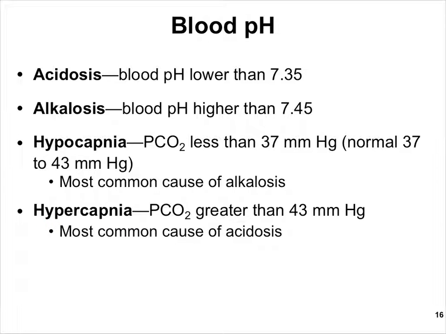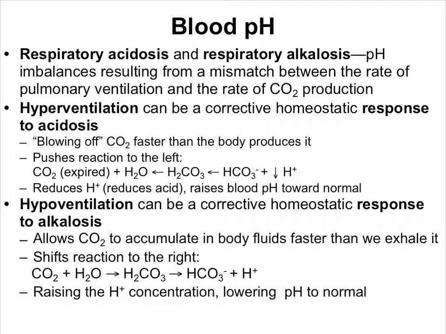Now, what could cause there to be too much or too little CO2 in the blood? Again, the primary controller of blood pH is carbon dioxide. And the primary controller of carbon dioxide in the blood is your respiration. So, most forms of acidosis are respiratory acidosis.